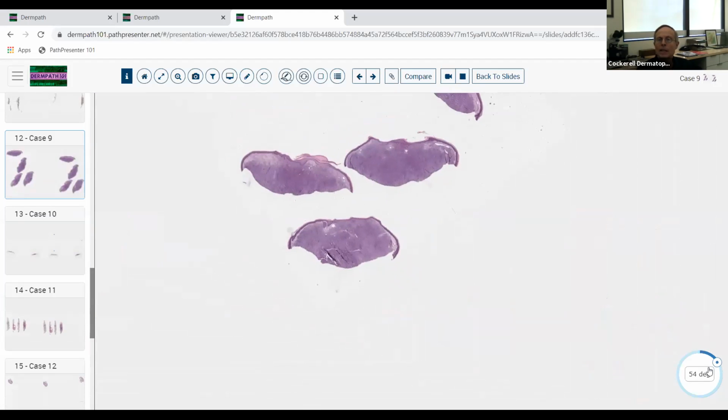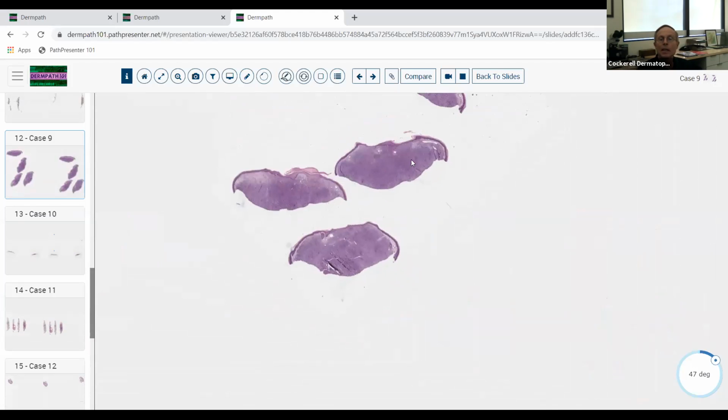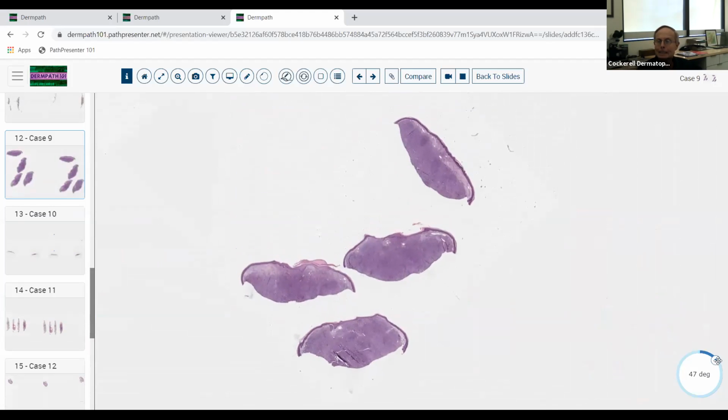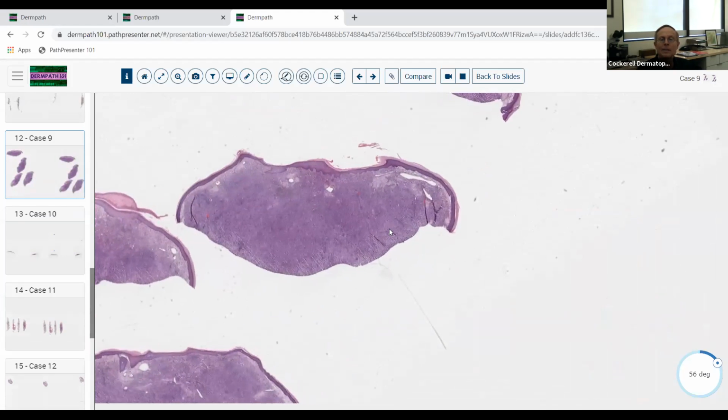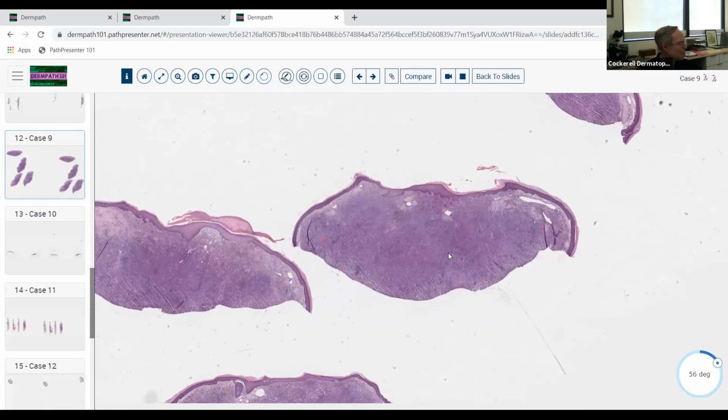Okay, this is the next case here, which is case number 9. We look at this at low magnification, and it's got this very dense basophilic morphology. There are going to be some type of cells in here, probably some lymphocytes.